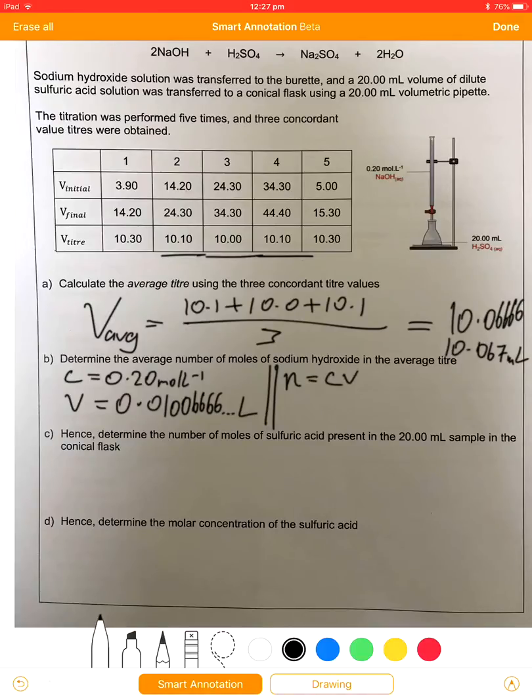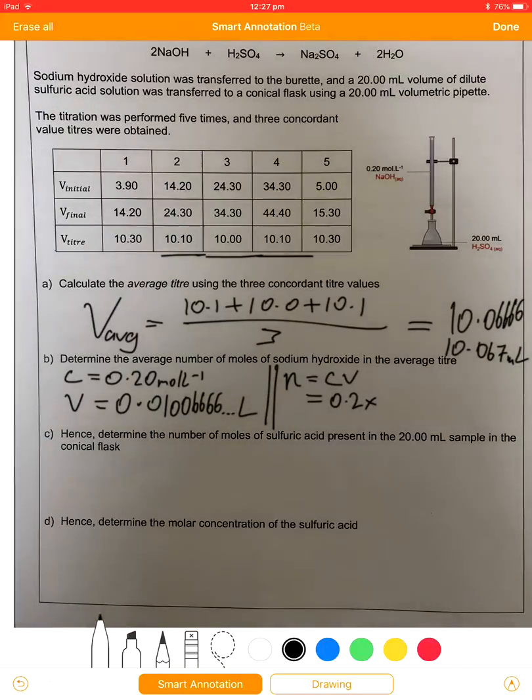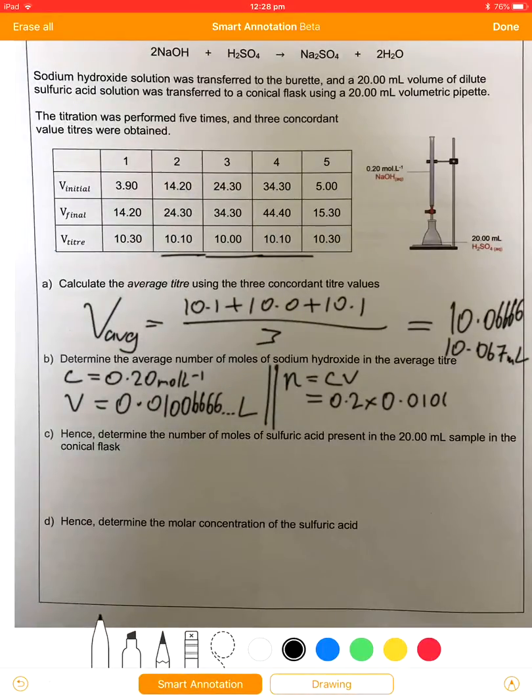We know that n equals CV, therefore 0.2 times 0.0100666, etc. equals 0.002013 moles. Lovely. That's again a rounded off answer from the calculator, but we're going to use the full carrying answer from the calculator for our results.